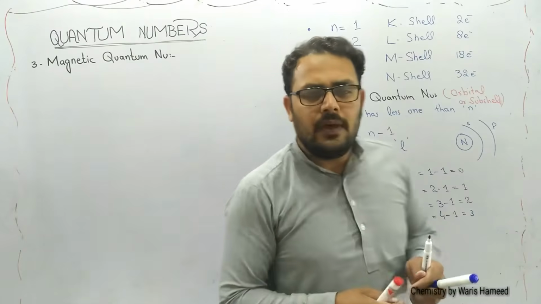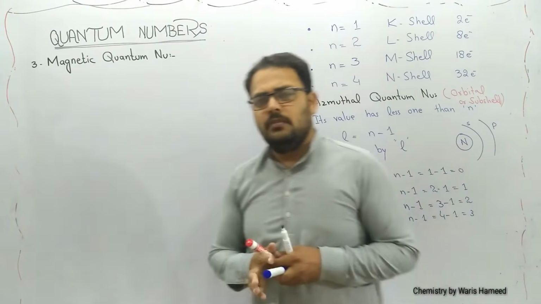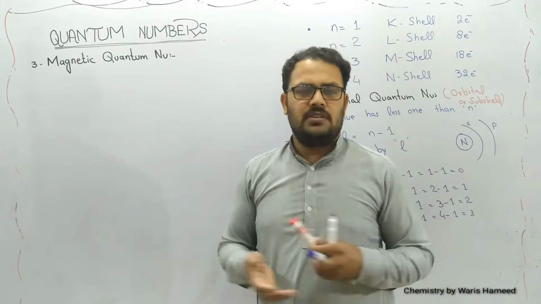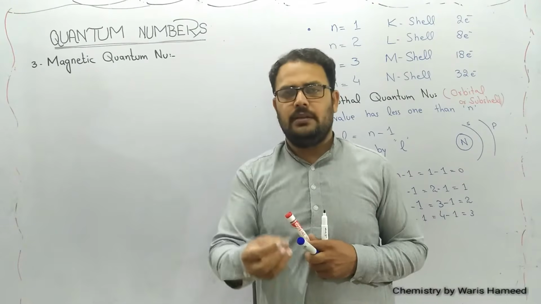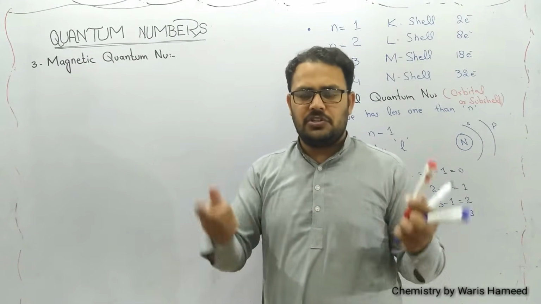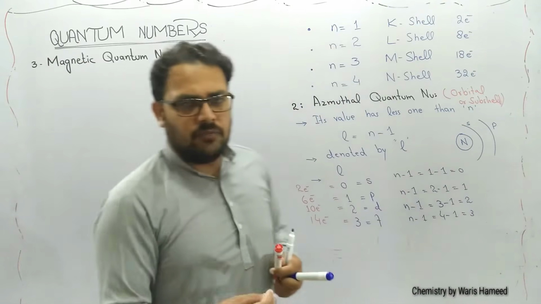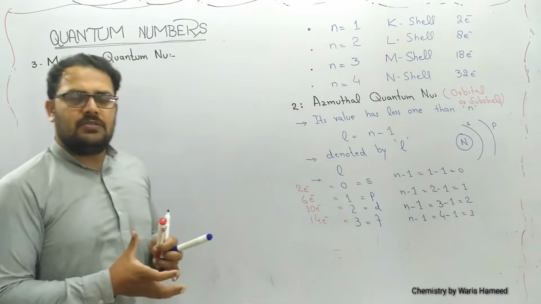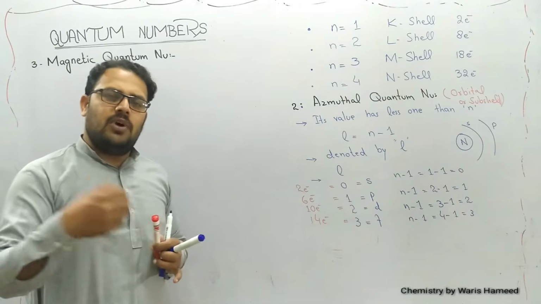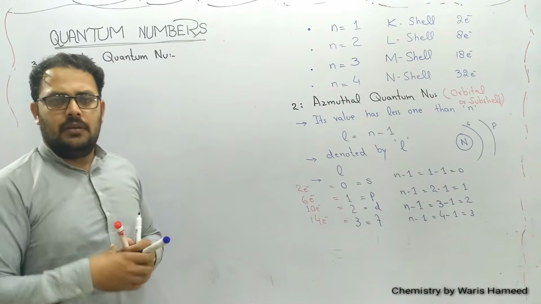If we have an excited atom, for example, we excite a hydrogen atom in a discharge tube or by heating its container, then we say that its electron jumps to a higher energy level.